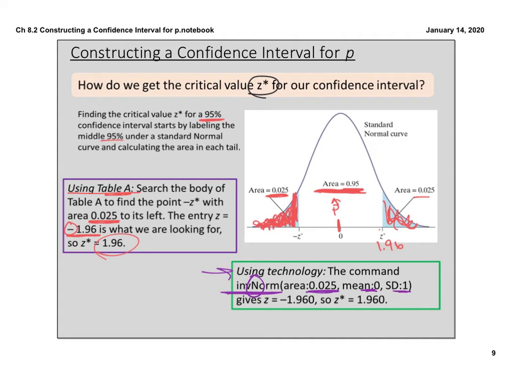Standard normal curve always has a mean of 0 and a standard deviation of 1. So that's what you would type in. It's going to give you a z-score that is negative. But again, we know that normal curves are symmetrical, so we know that we can use the positive version on the other side and have the same amount of area. So we just drop the negative and use the positive of 1.96.